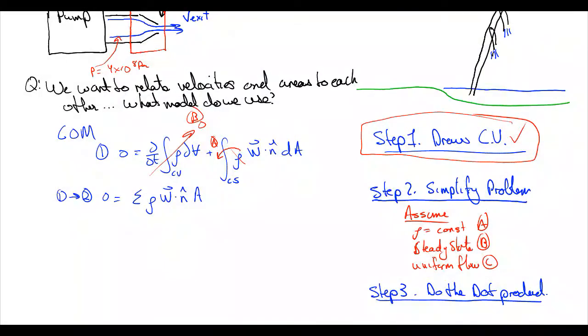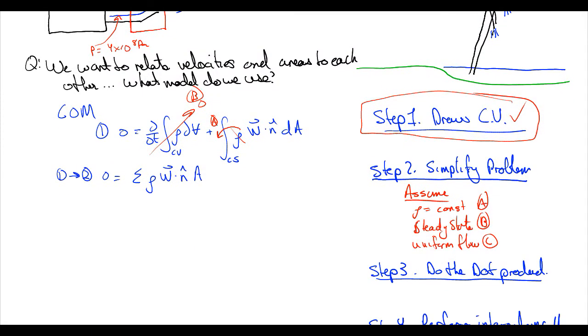And remember, it's because we have uniform flow at our entrances and exits that allows us to convert from an integral to just a sum, where we're summing over all of the entrances and exits, but each individual entrance and exit is just rho times the velocity dotted into the unit normal of the surface times the area of the flow crossing that surface. Great.